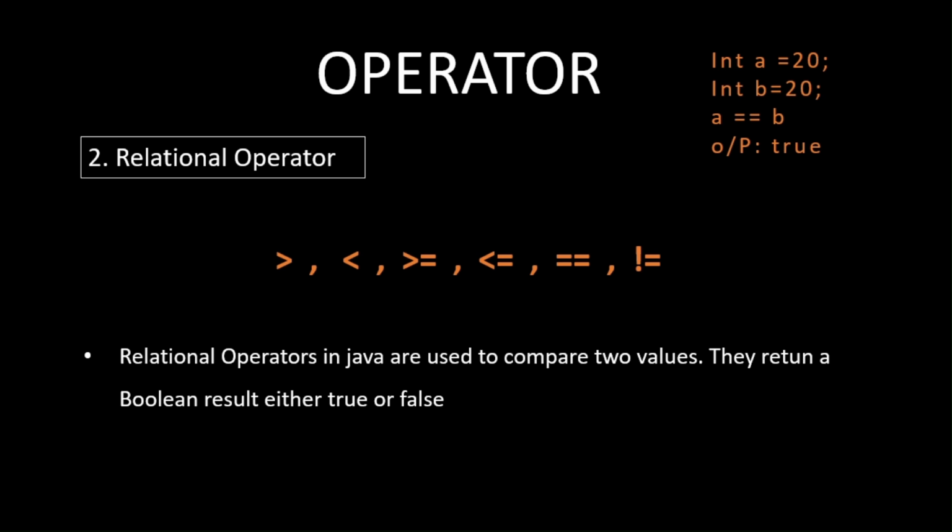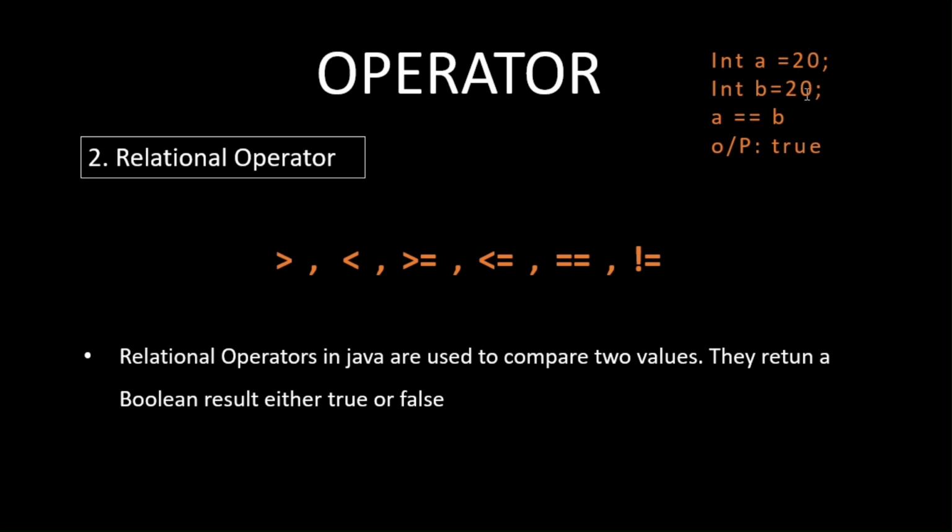Relational operators in Java. The relational operators are used to check conditions. Here we have some relational operators: less than, greater than, greater than or equal to, less than or equal to, equal to, and not equal to.